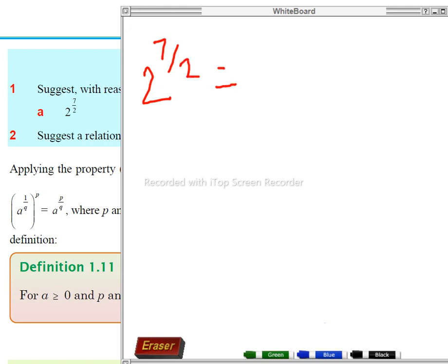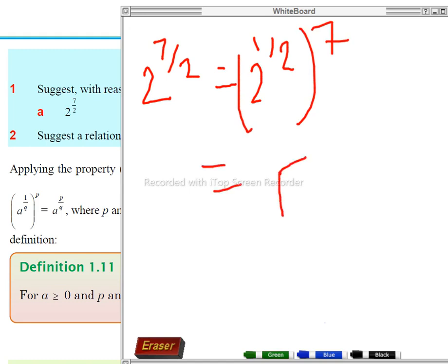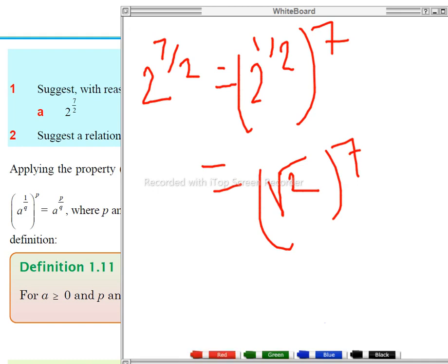This is the same as 2 to the power of 1 over 2 times 7. We can write like this because 1 over 2 times 7 is 7 over 2. And we can write this as the square root of 2 to the power of 7. We can multiply this number 7 times. So this is the same as this.